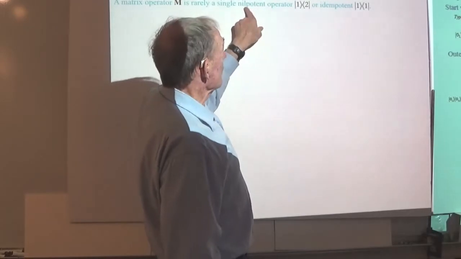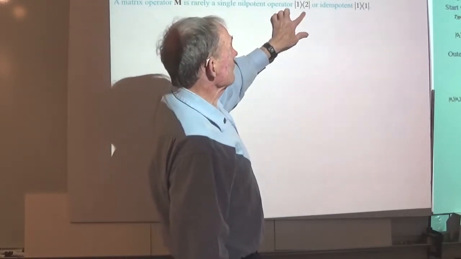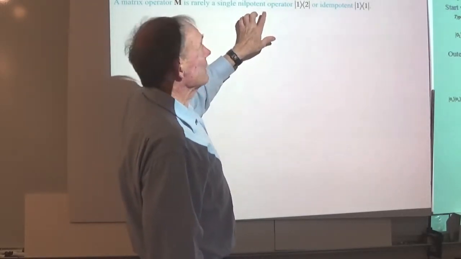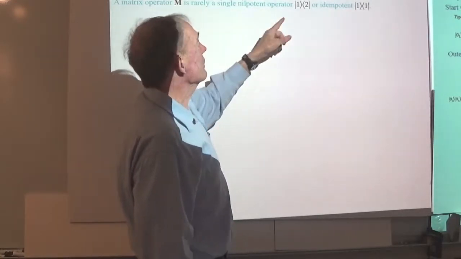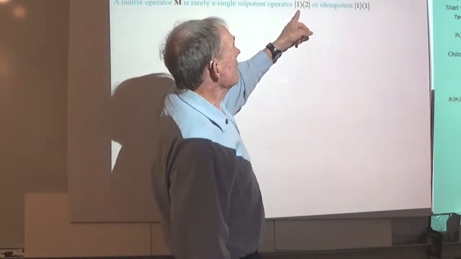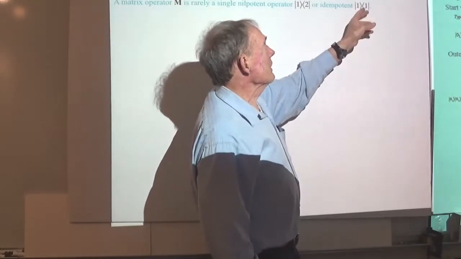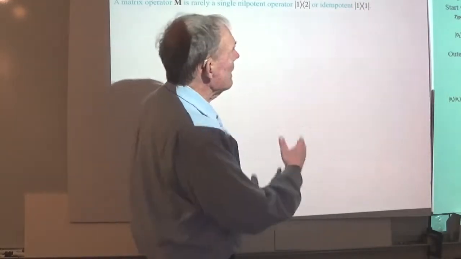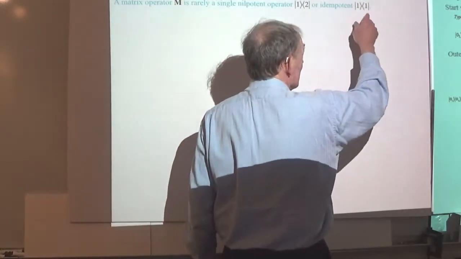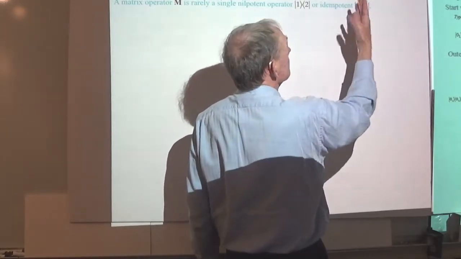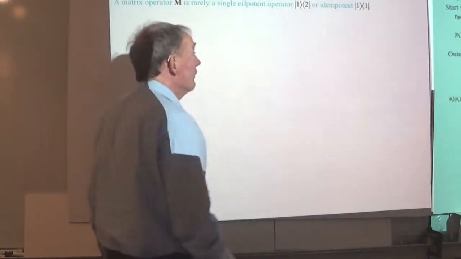This guy right here is called a nilpotent operator, because if those are orthogonal states, you multiply that guy by itself, you get 0, because 1 and 2 are orthogonal. 1 and 1, of course, the same states, they're normal, so that particular operator right there, you multiply it by itself, it comes back itself.